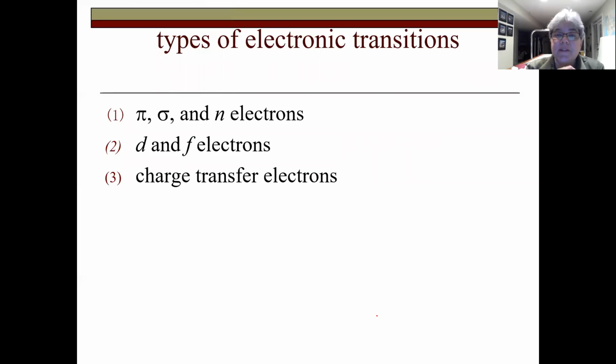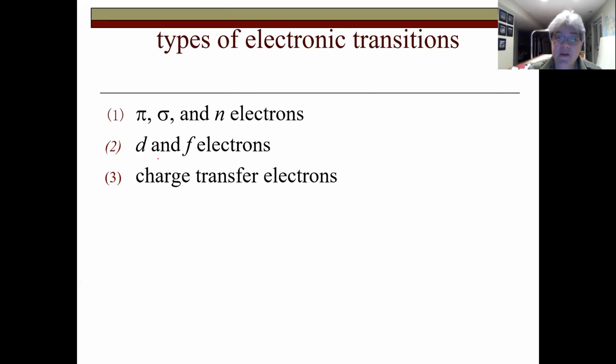Okay, and last time we said there's actually 3 different types of these electronic transitions that are common in UV vis spectroscopy. So the first one is what we'll spend most of our time on because it's the most common use, and that's the sigma, pi, and n electrons that are in organic molecules.